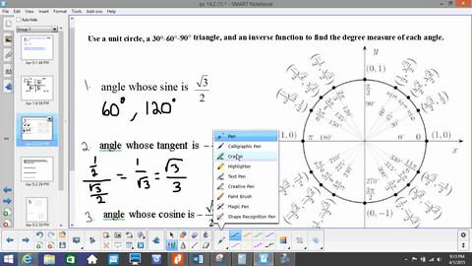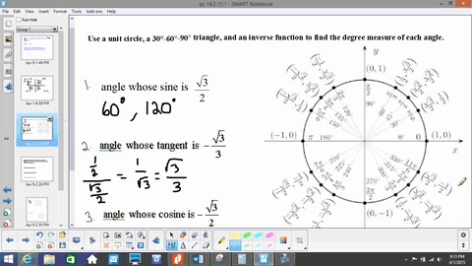I'm going to go back to my highlighter. That is going to be right here and right there.